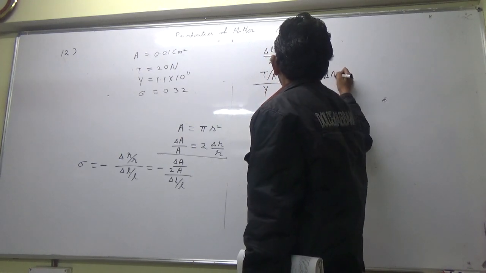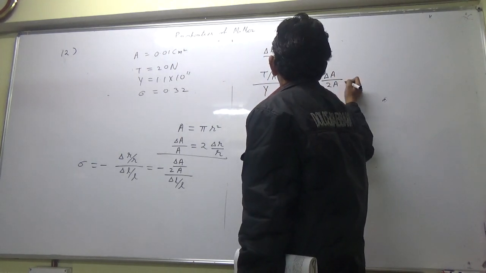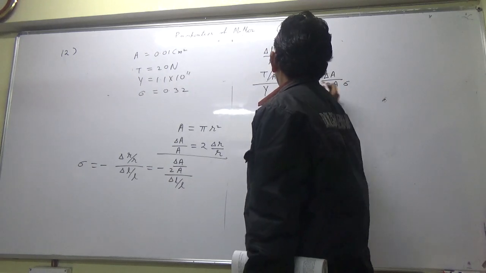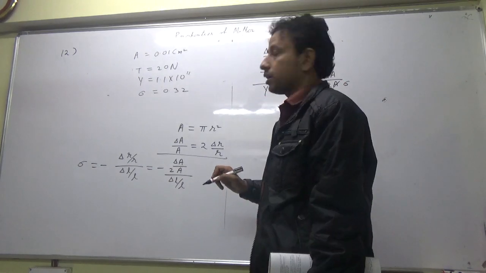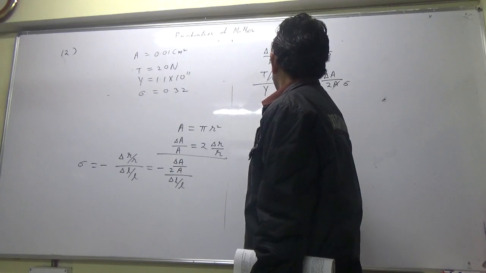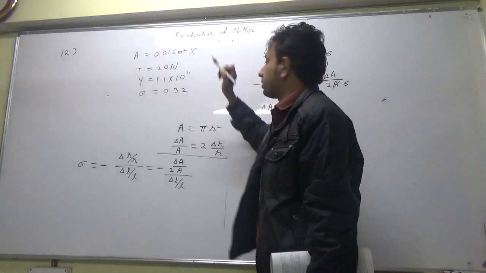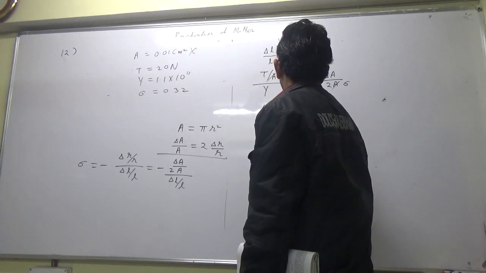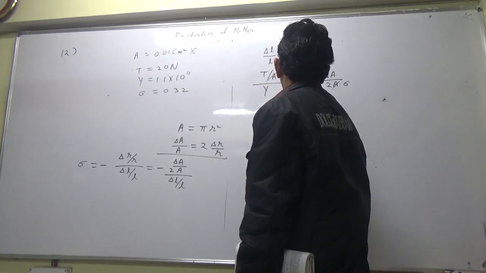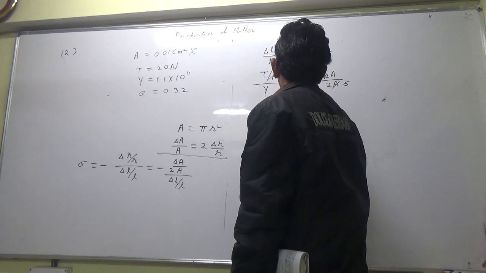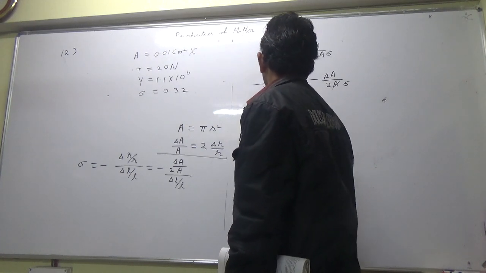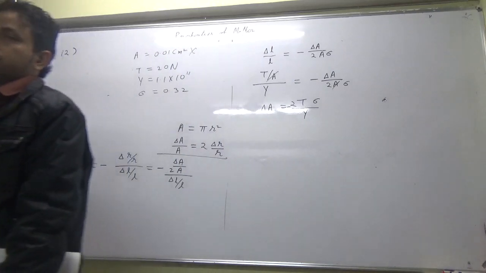Actually, area is not required, it will get cancelled, and only the change in area we need. So the result has a minus sign, and the minus sign indicates the decrease in area.